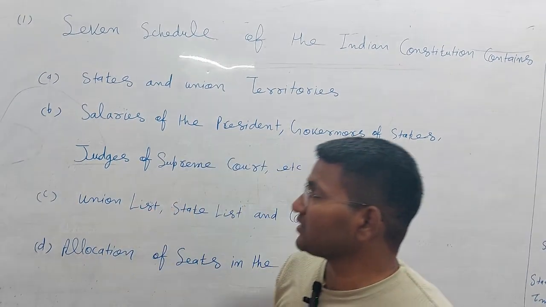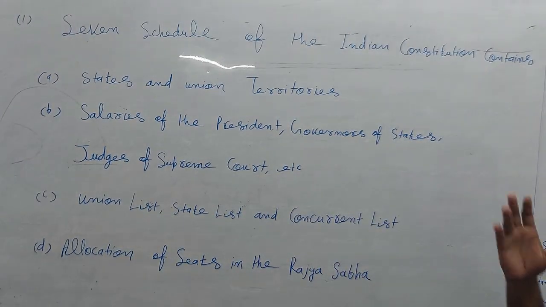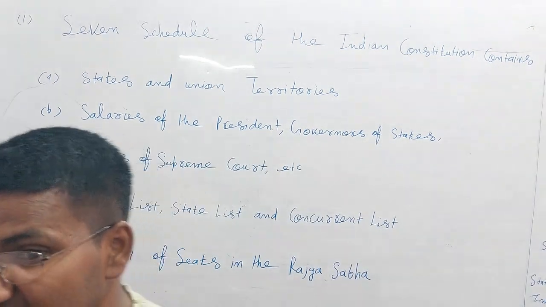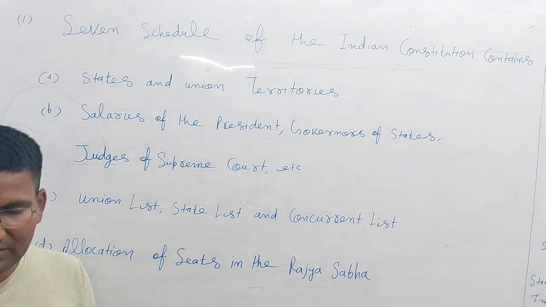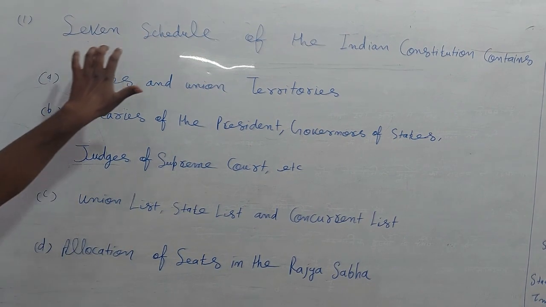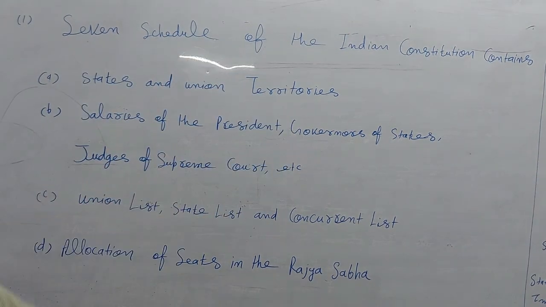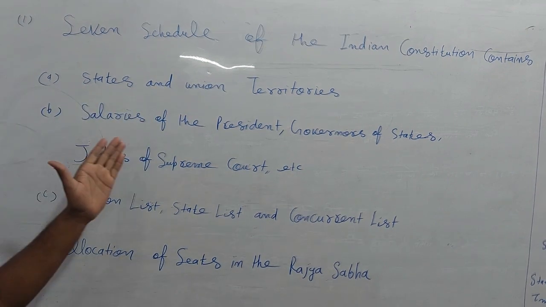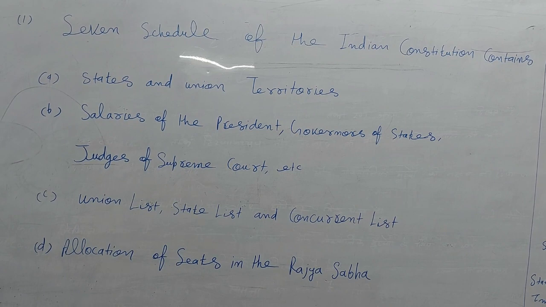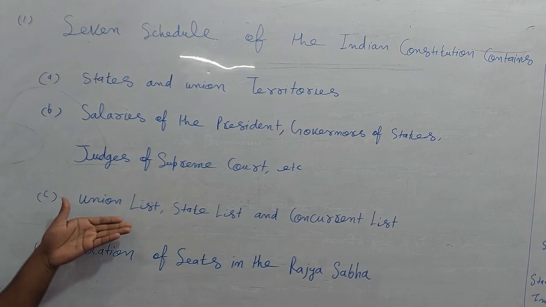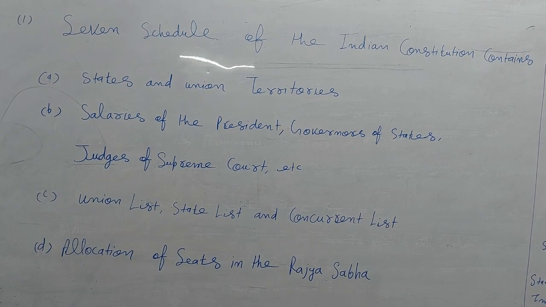The first question is about the seventh schedule of the Indian Constitution. What things come in the seventh schedule? The question asks: the seventh schedule of the Indian Constitution contains: A, states and union territories; B, salaries of the president, governors of the states, judges of the Supreme Court, etc.; C, union list, state list, and concurrent list; and D, allocation of seats in the Rajya Sabha.